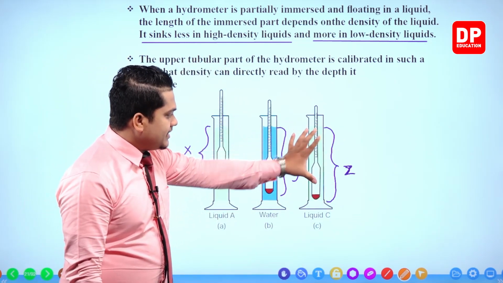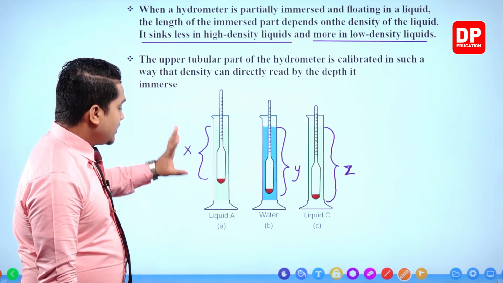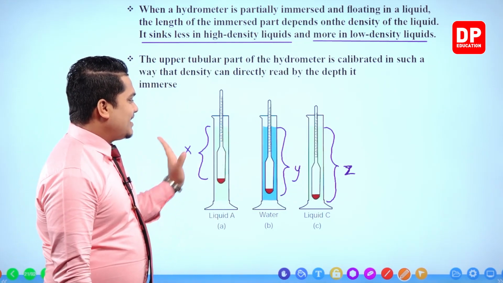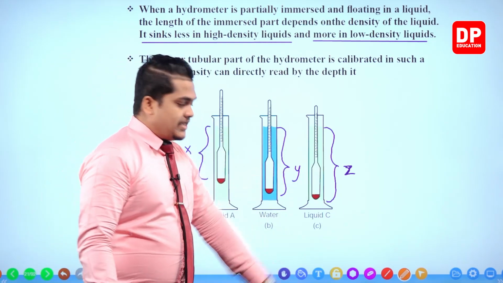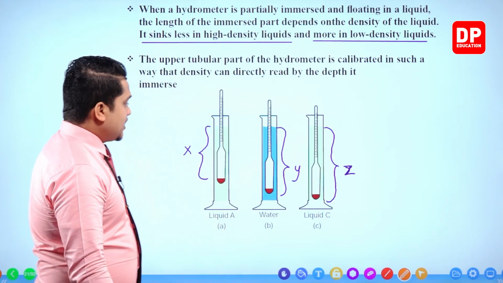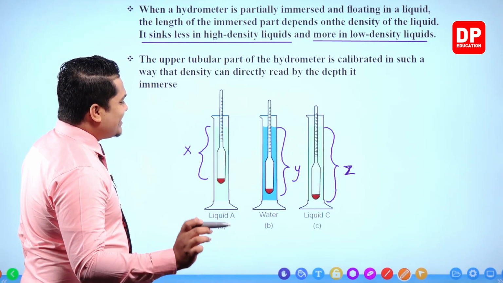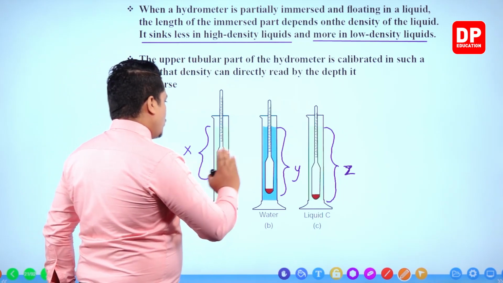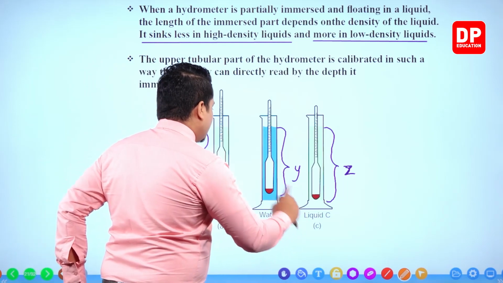So you can see that the part which has sunk in each of the containers keeps increasing from liquid A to B to C. That means, my dear children, we can say that the density is decreasing when moving from liquid A to B to C.